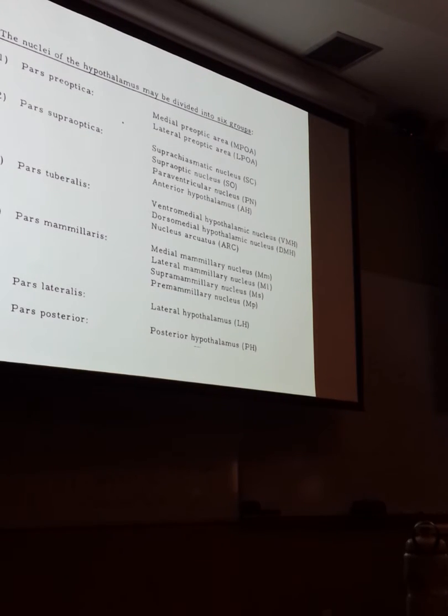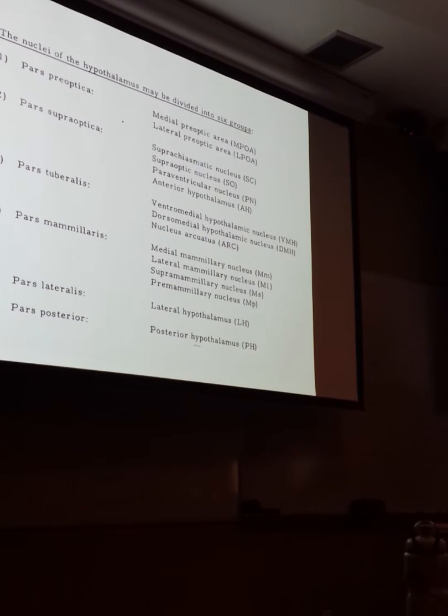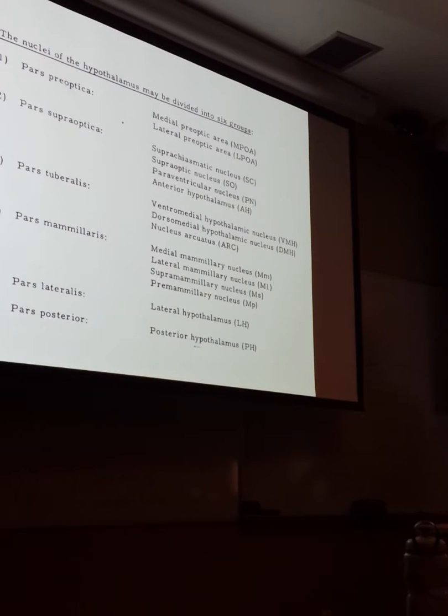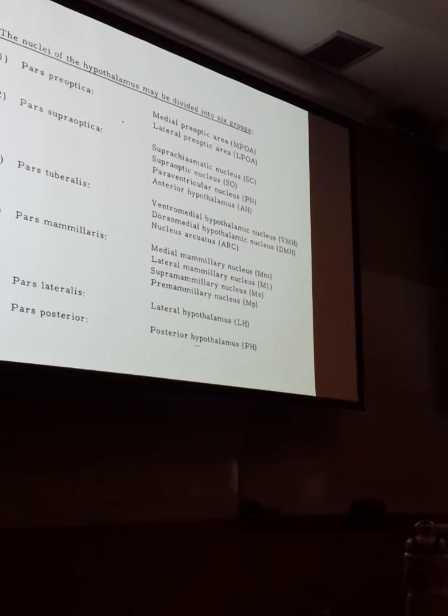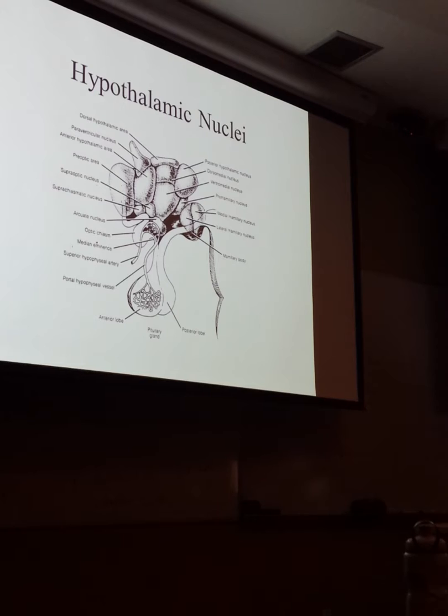The medial mammillary nucleus, the lateral mammillary nucleus, the supramammillary nucleus, these are all nuclei that are important in regulating hormones. The pars lateralis gives you the lateral hypothalamus, and the pars posterior gives you the posterior hypothalamus. These are the important nuclei that you need to memorize and understand.